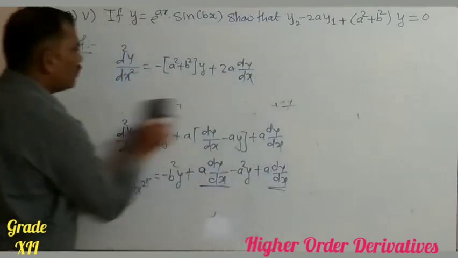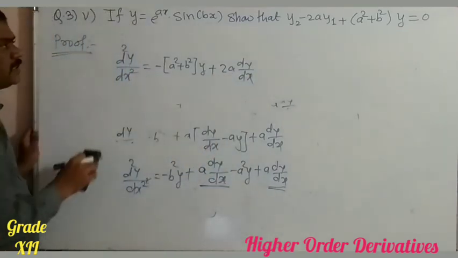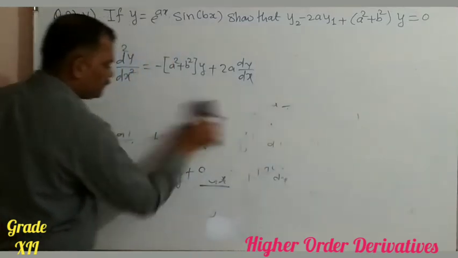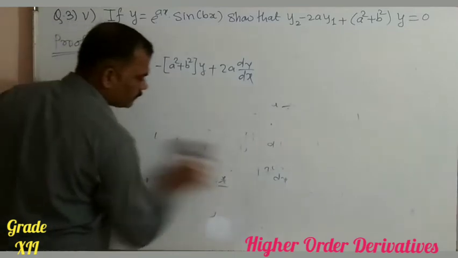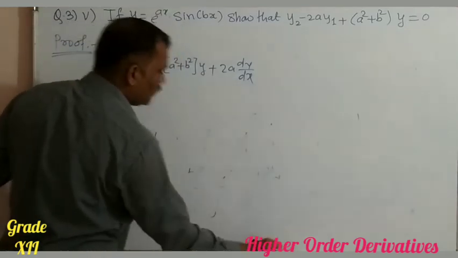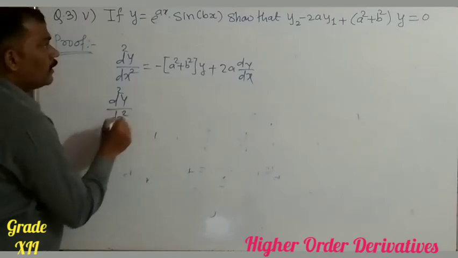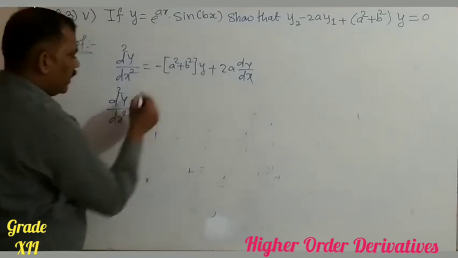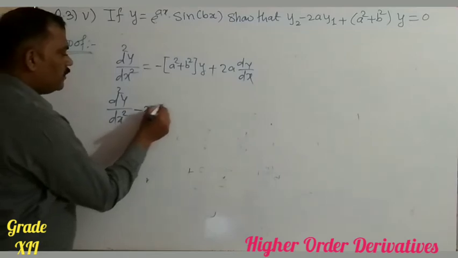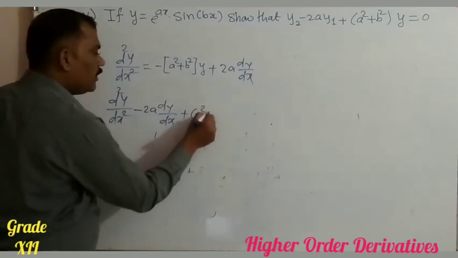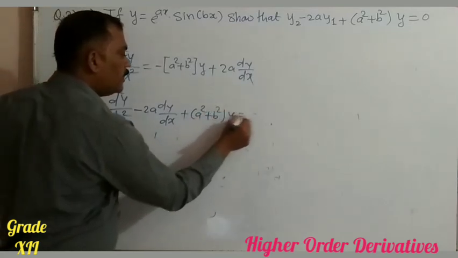Taking the minus term to the other side, it becomes plus, so d2y by dx square minus twice a into dy by dx plus (a square plus b square) into y is equal to 0.